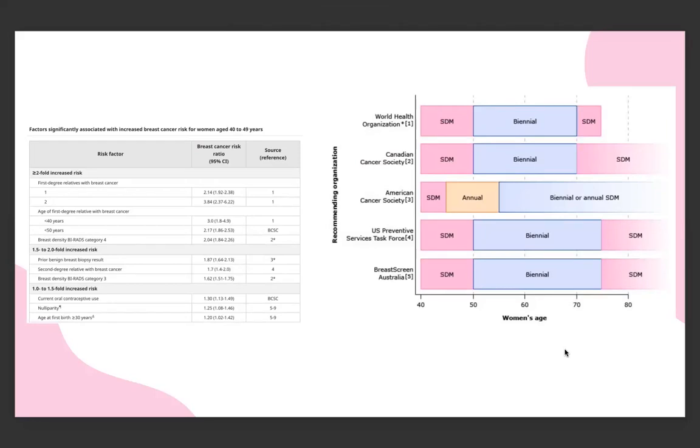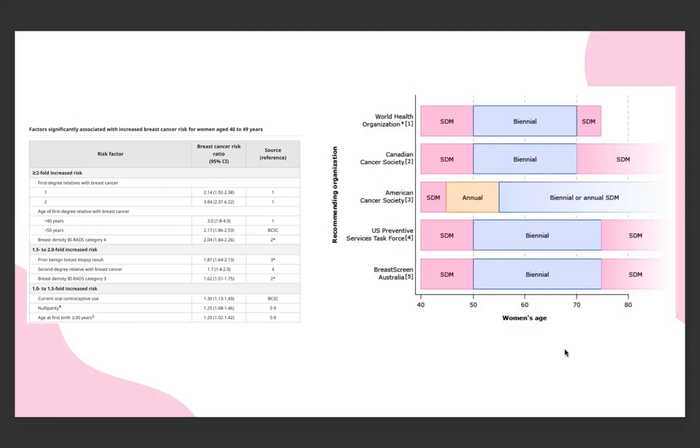So we see that one of the highest risk factors is having relatives with breast cancer. And then one of the lowest is having children at a later age.